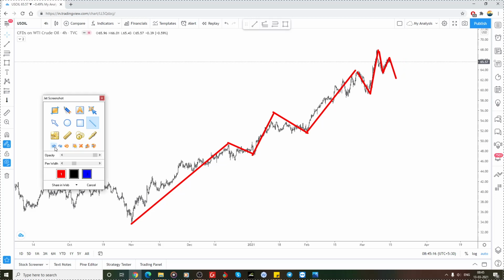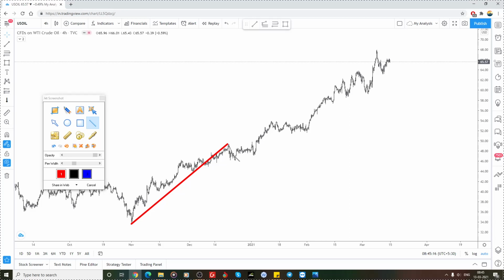But I got one more view. If this is the wave 1, if we consider this as a wave 2, and I will change this color. This is the 1, this is the 2, this is the 3, and this is the 4th, and the 5th wave got extended. It will end here. 1, 2, 3, 4, 5.